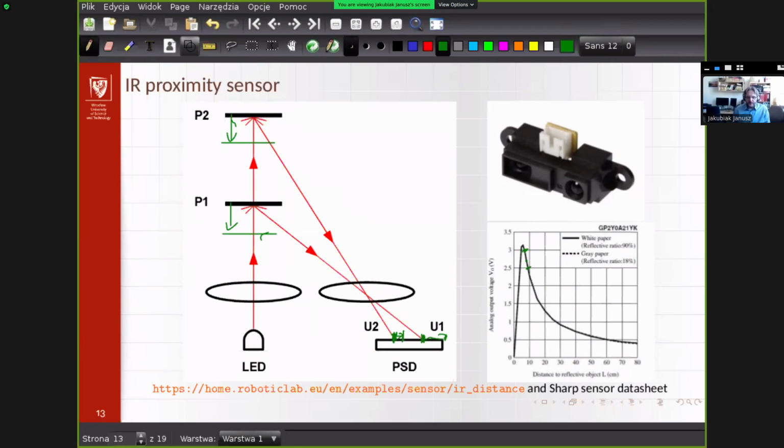So a change between 3 and 2.5 volts means more or less 3 centimeters in the range here, so between like 7 and 10, and changing from 1 to half in this range corresponds to, well, let's say 40 centimeters. So quite a lot. As you can see, a very high change in the precision of the measurements.